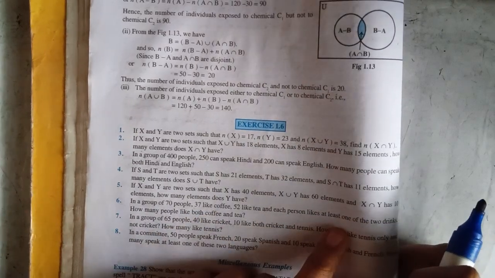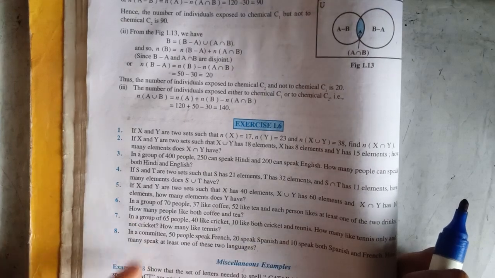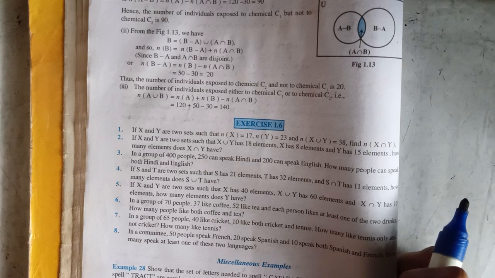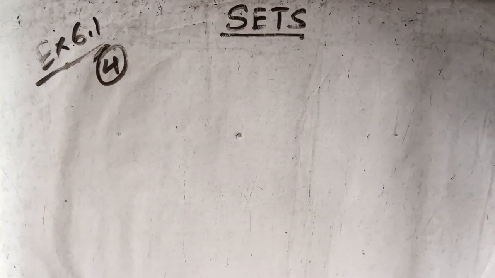Now the sixth question. In a group of 70 people, 37 like coffee, 52 like tea, and each person likes at least one of the two drinks. How many people like both coffee and tea? Okay, let's solve this.